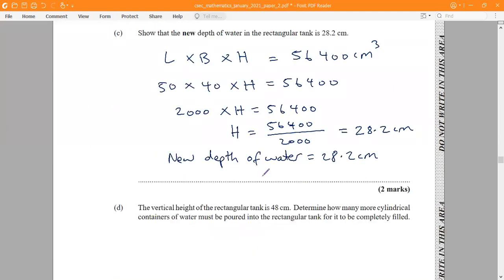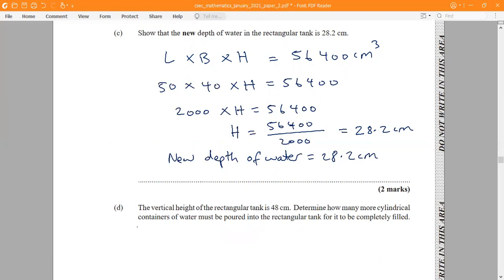The vertical height of the rectangular tank is 48 centimeters. Determine how many more cylindrical containers of water must be poured into the rectangular tank for it to be completely filled. Okay, so let's see.